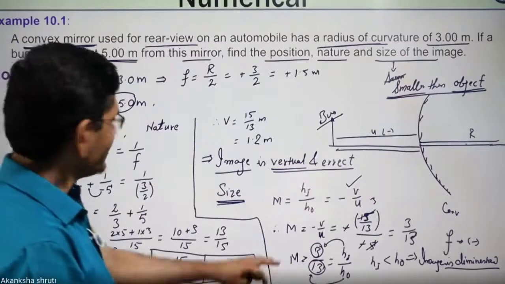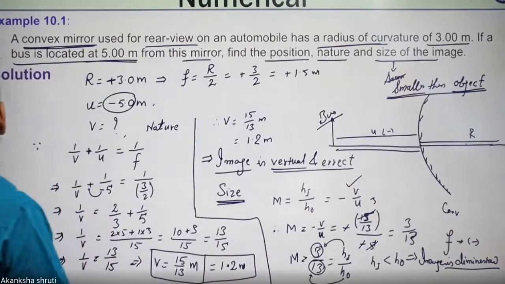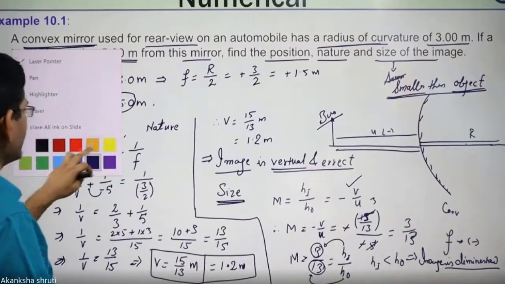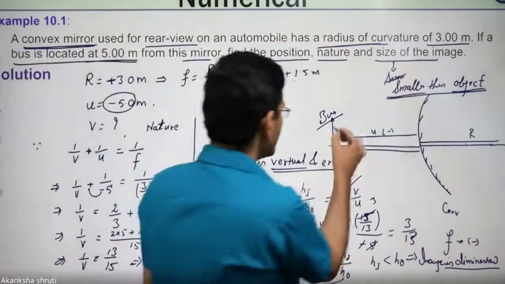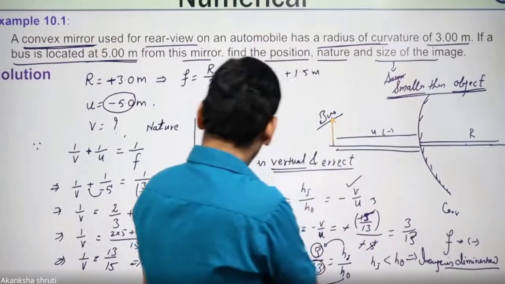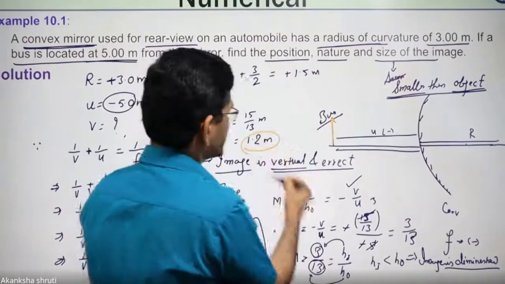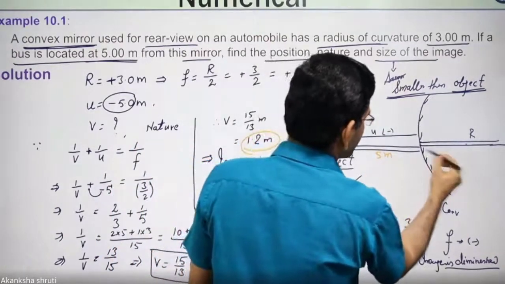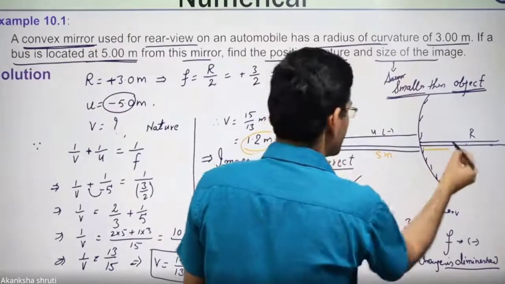So students, if we want to draw this or understand or analyze this, it simply means, students, this was our bus. So this v we are getting is 1.2. This is our 5 meter, but the image is formed on the right hand side because this v is positive.